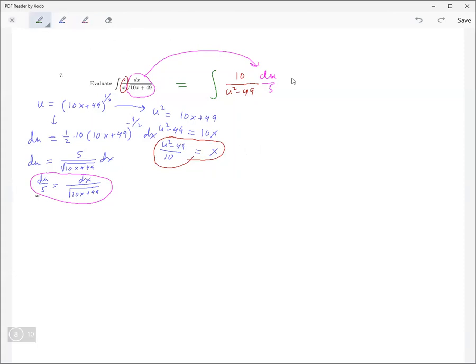Okay, and so now we have the integral of 2 du over u squared minus 49.